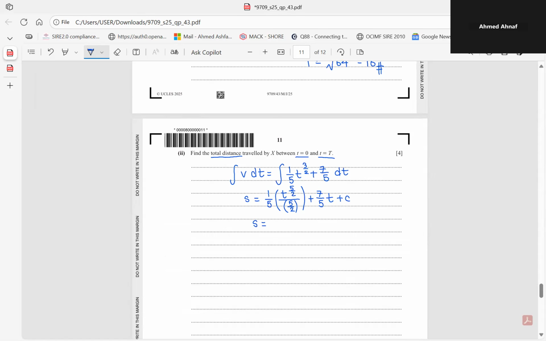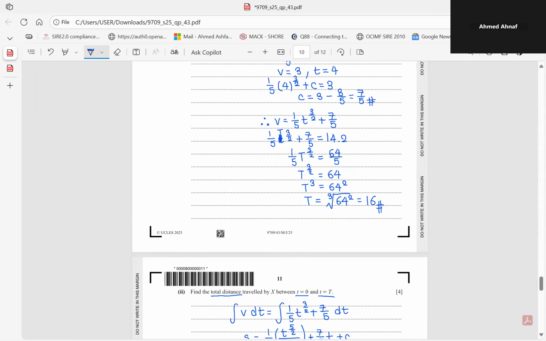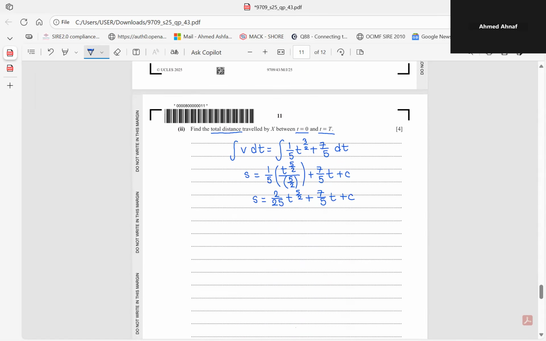So s would just be 1 over 5 times 2 over 5. So s is equal to 2 over 25 times t to the power of 5 over 2 plus 7 over 5 t plus c.